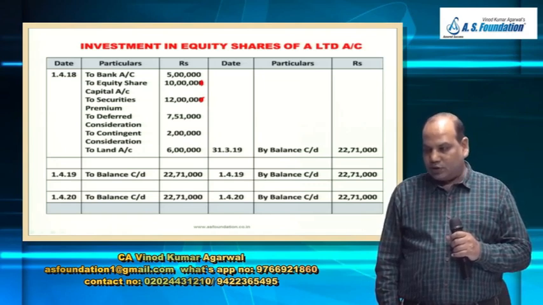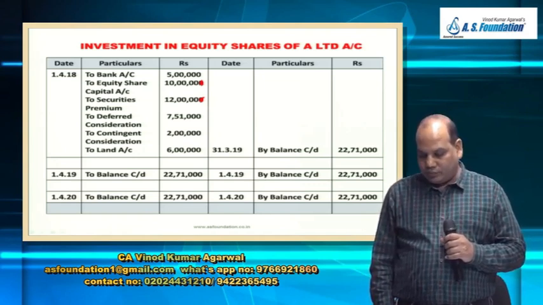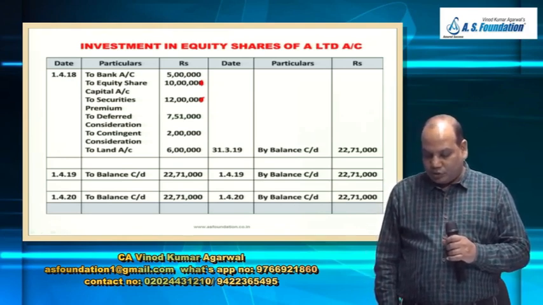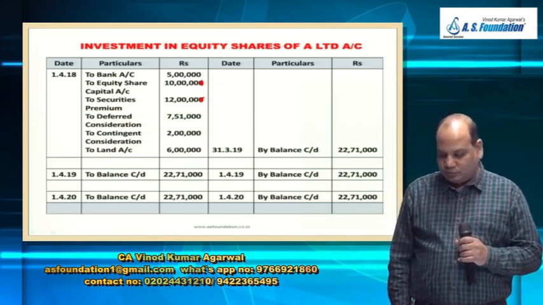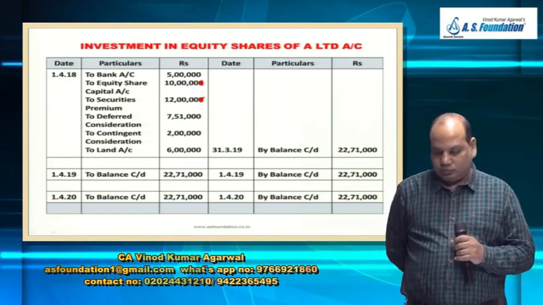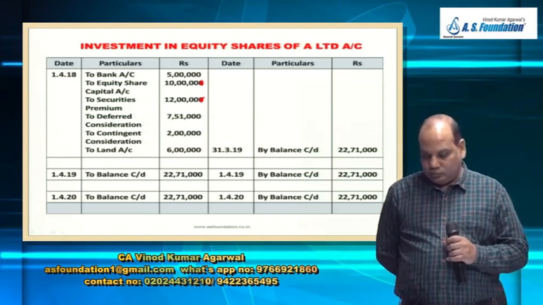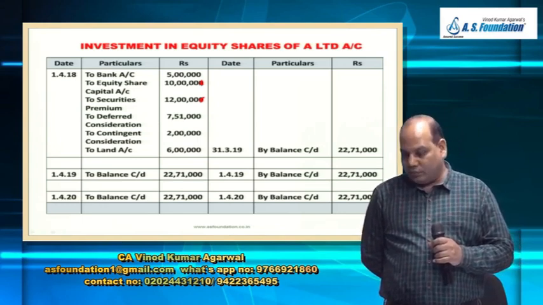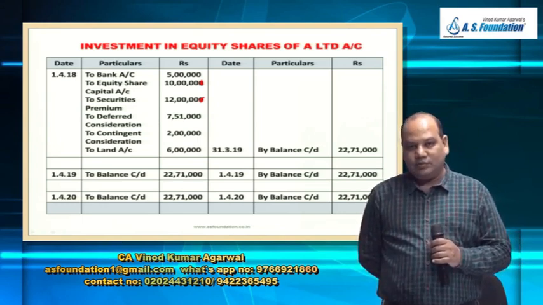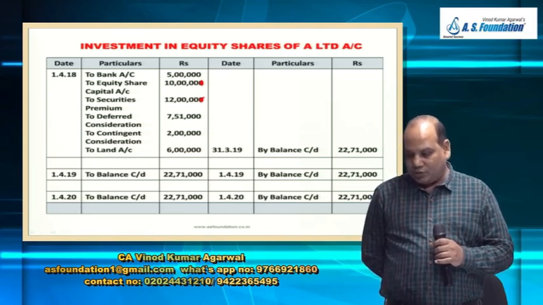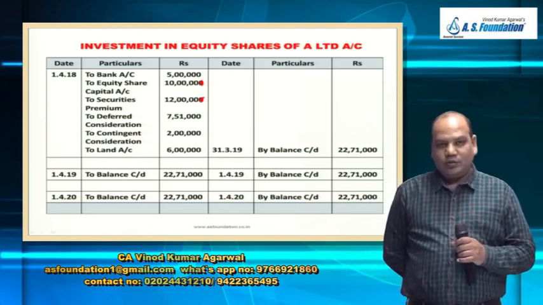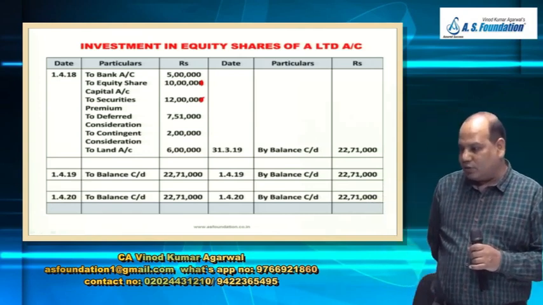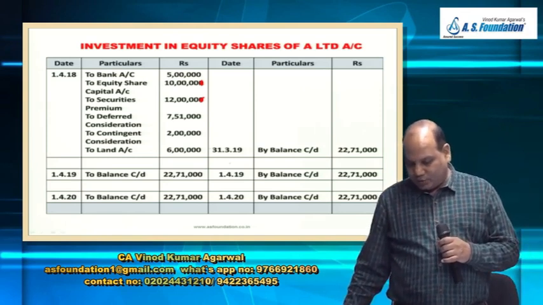To deferred consideration 7,51,000. If you want to write 315, right? To contingent consideration 2 lakh. To land 6 lakh. Written 6 items. Credit side, right, by balance carried down. Same total 22 lakh 71,000 or 22,71,315 as per your notebook.